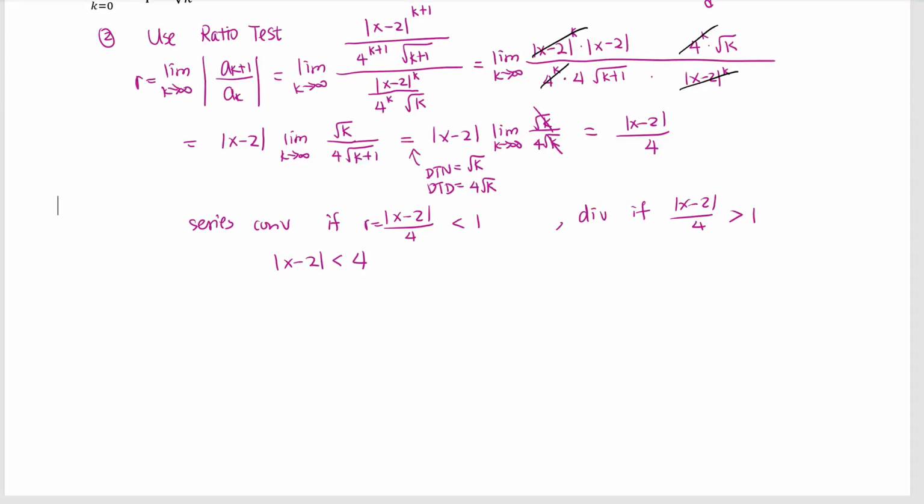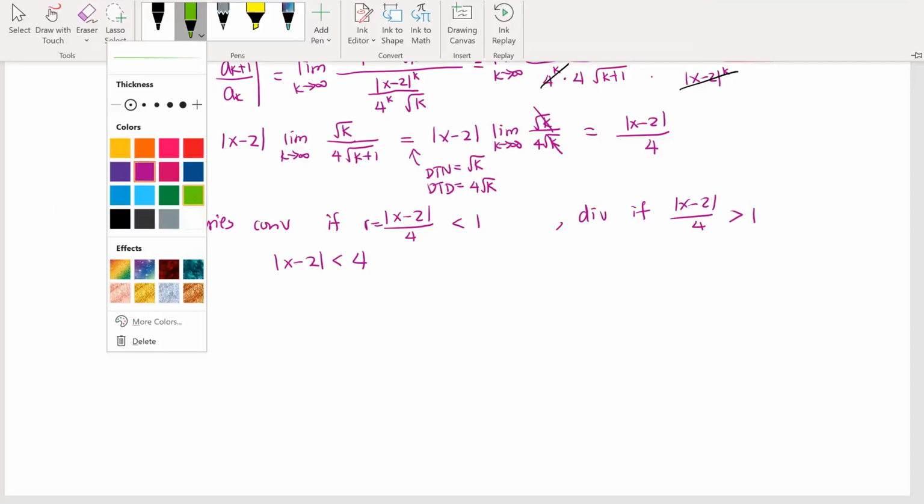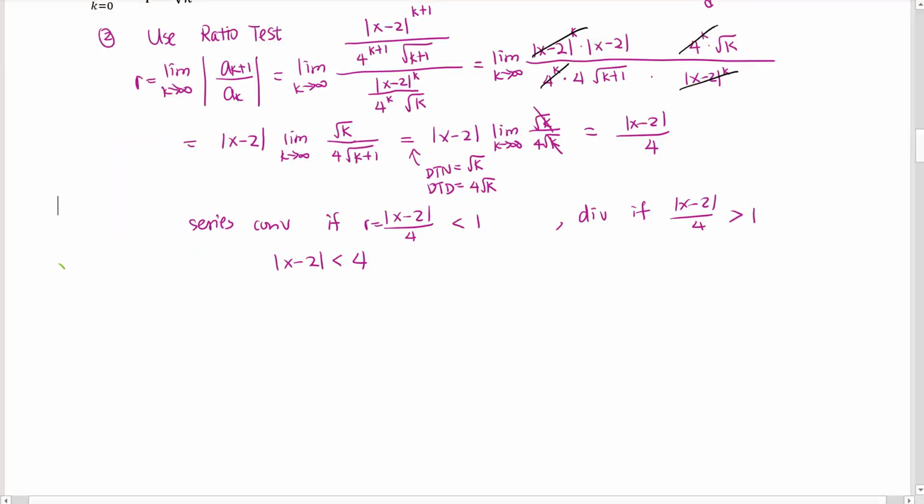How do we solve this? Let me remind you: the absolute value of x less than a is the same as x less than a and greater than minus a. Why is that? Think about it, you have 0.